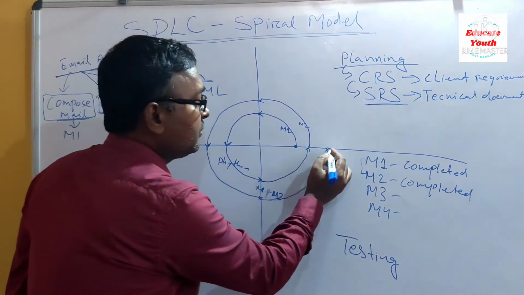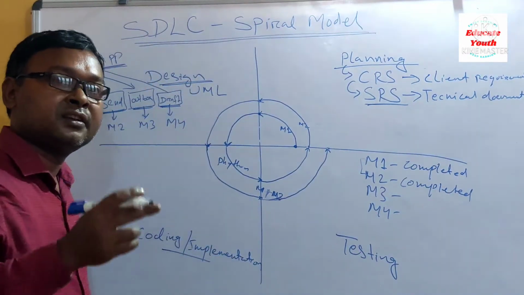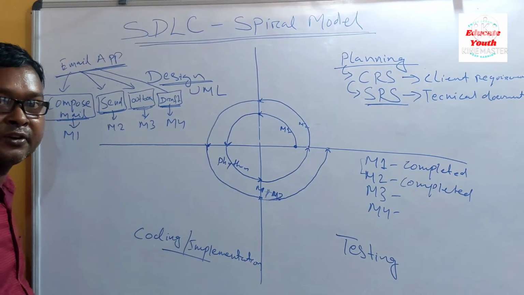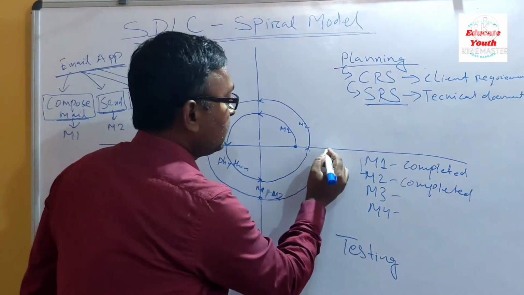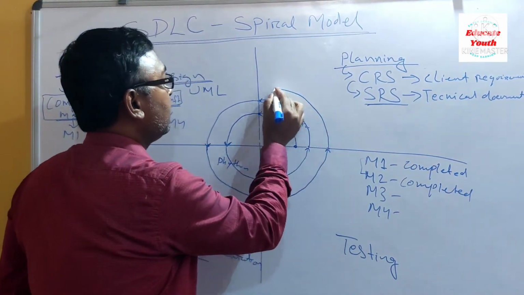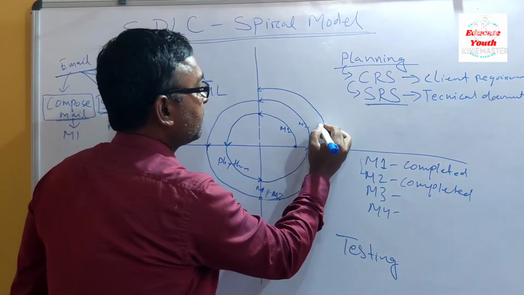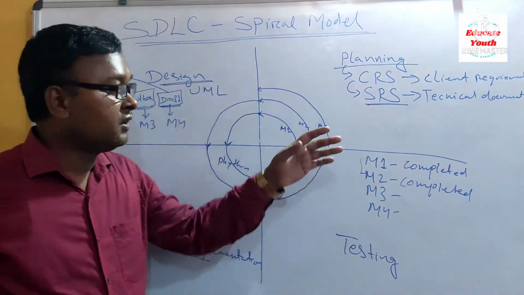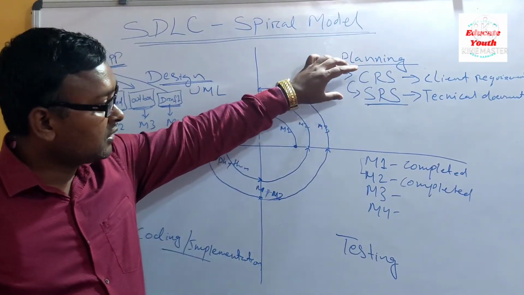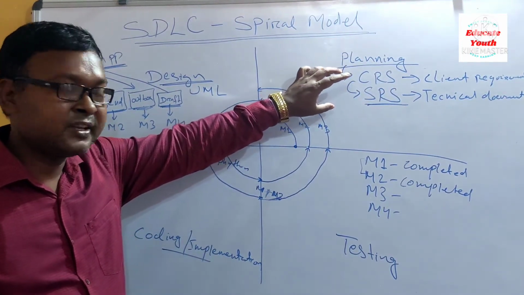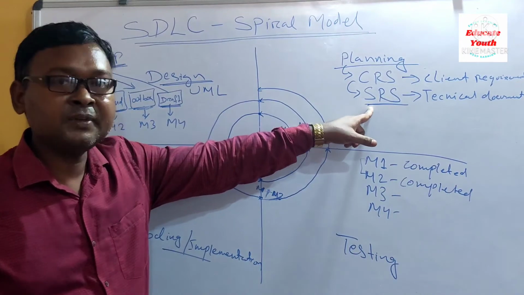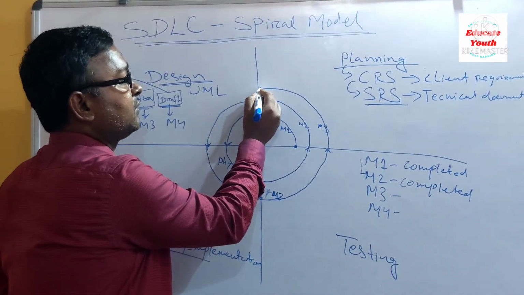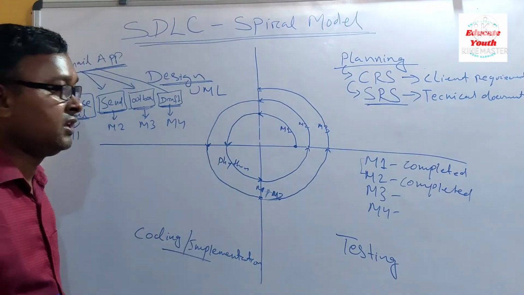So right now you will be working upon module 3, the outbox module. You are starting here the M3. Same as before, you need to gather the customer requirement specification and convert it into technical form, SRS, software requirement specification. That you have done and completed here for M3.